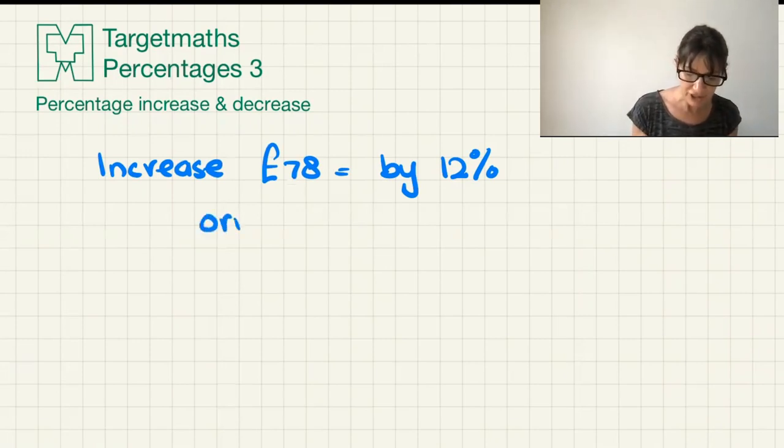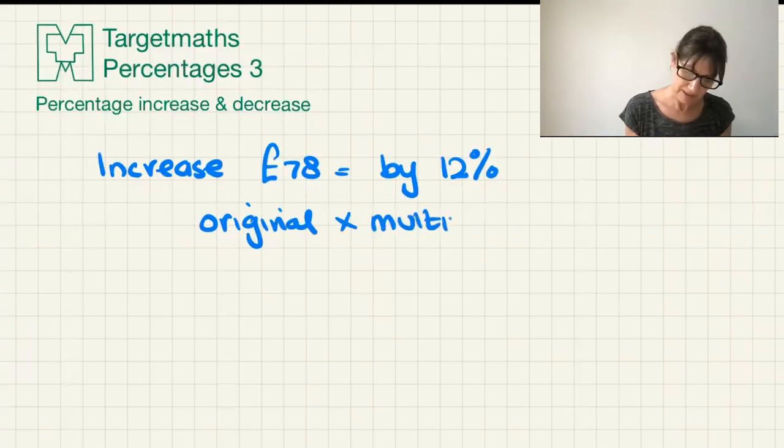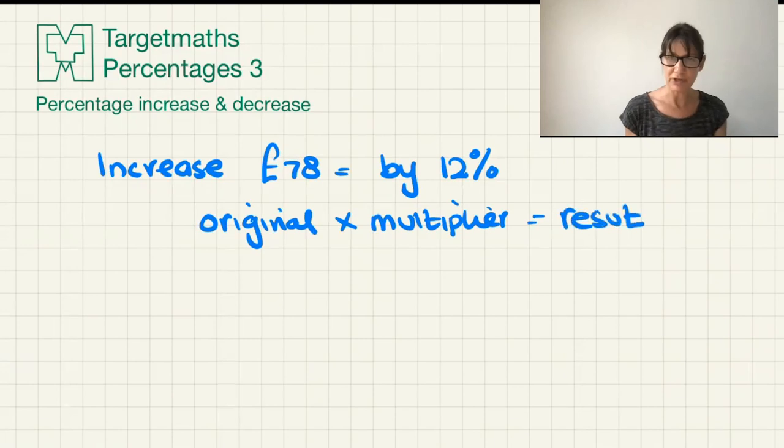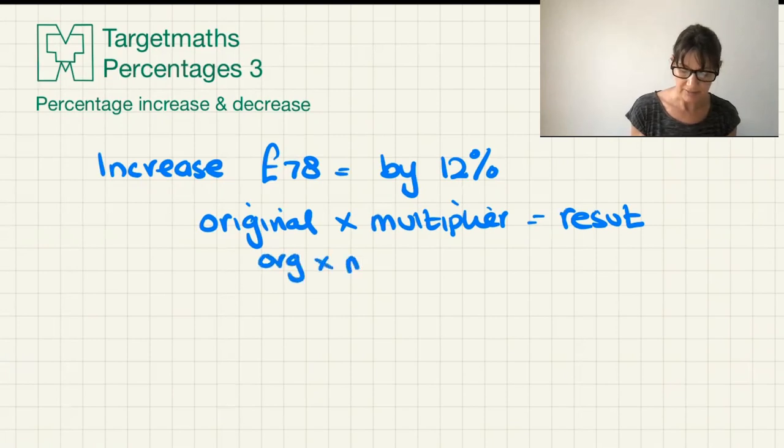It is original times multiplier, hence the importance of that, and it equals result. Now, I'm very lazy. I don't write that down every time. I write original times multiplier equals result for short.